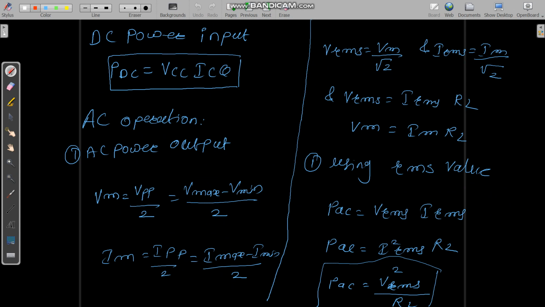It is the DC voltage which you have applied, VCC, and because of that we got ICQ. So VCC into ICQ gives me the DC input power. The important point to be noted here is that even if the AC input signal is applied, the average current drawn from the DC supply remains the same.